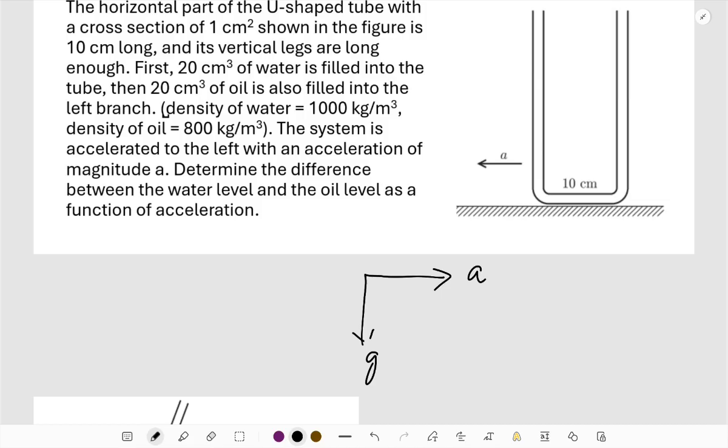Every drop of water, every drop of the oil we put in, and the resultant will be something like this.